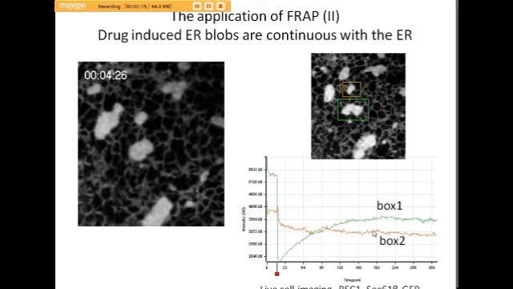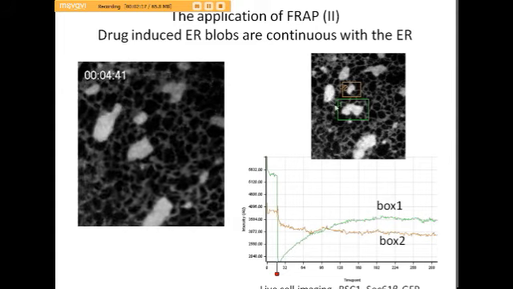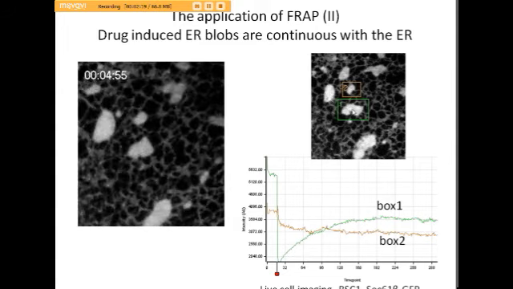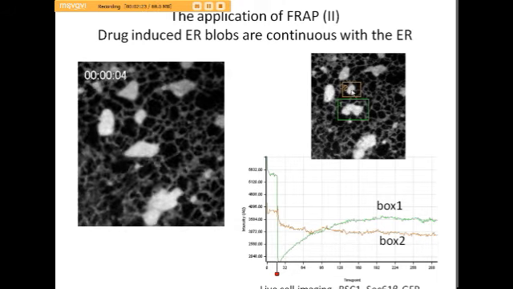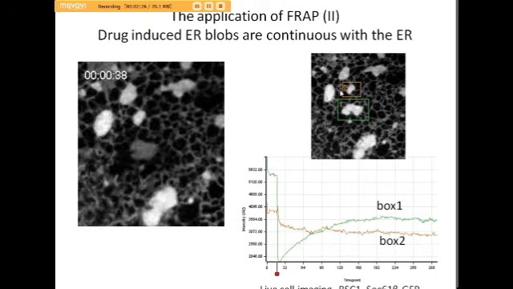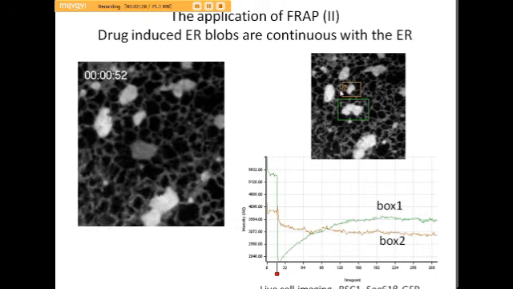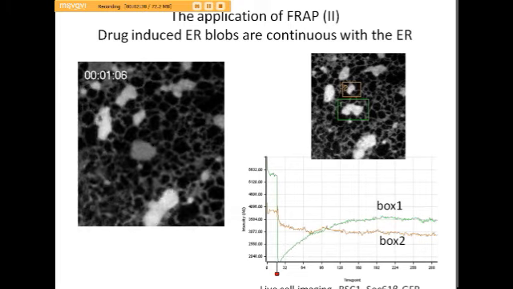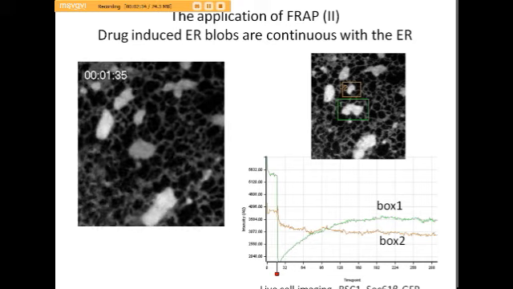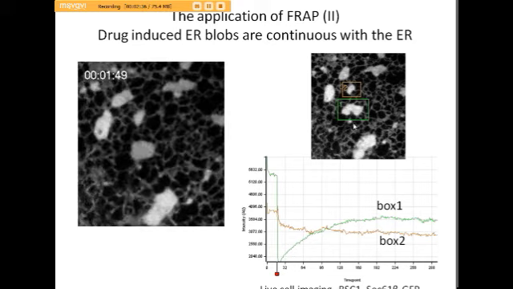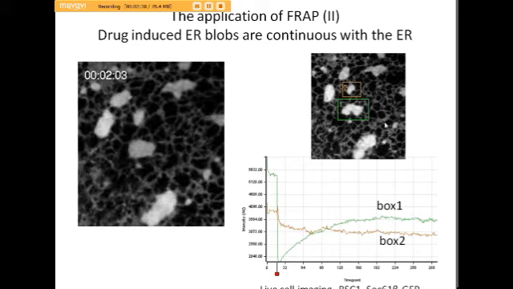This suggests that the fluorescence recovery of this ROI is contributed by the other ROI. So it indirectly shows that the ER membrane blobs are very possibly interconnected via the ER membrane network.